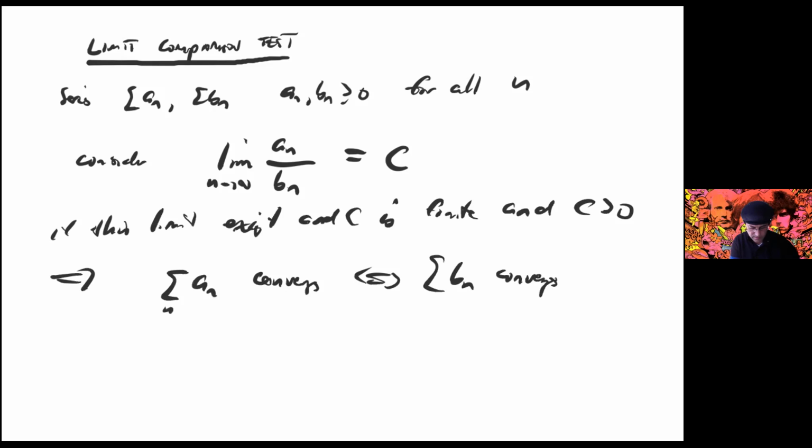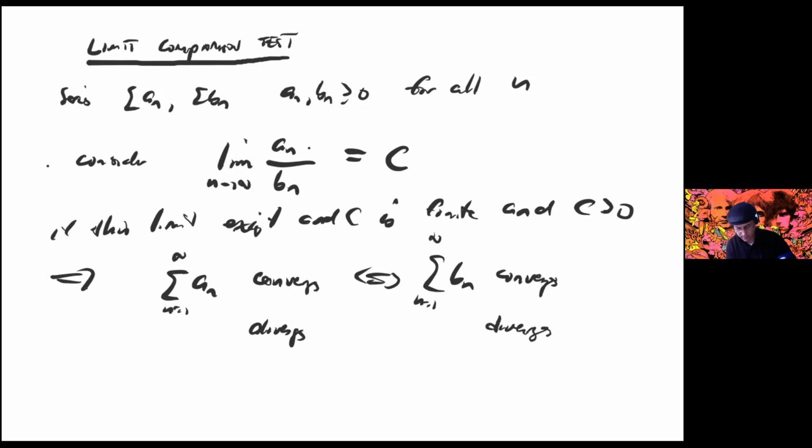And likewise, it diverges if and only if the other one diverges. So this is an if and only if situation. This is actually quite useful, as we'll see, in certain cases.